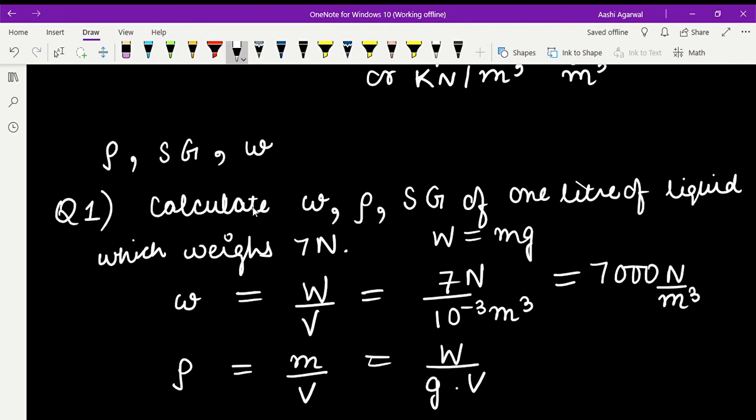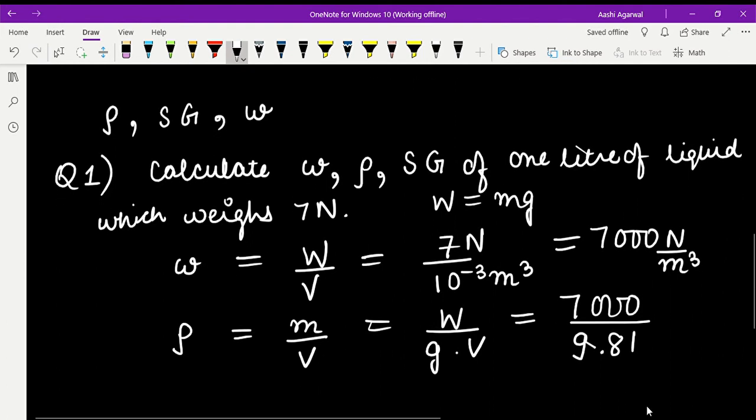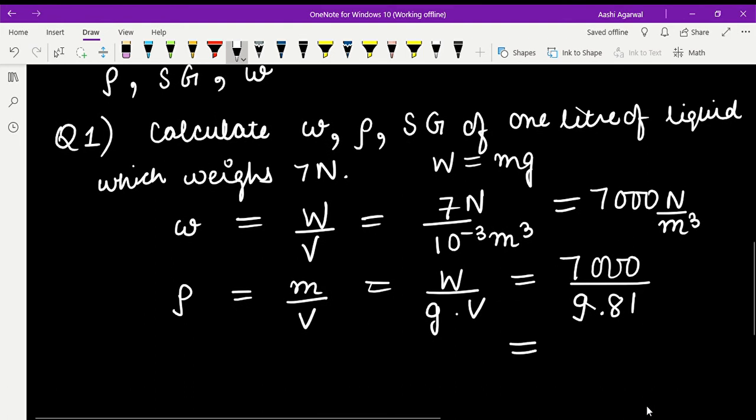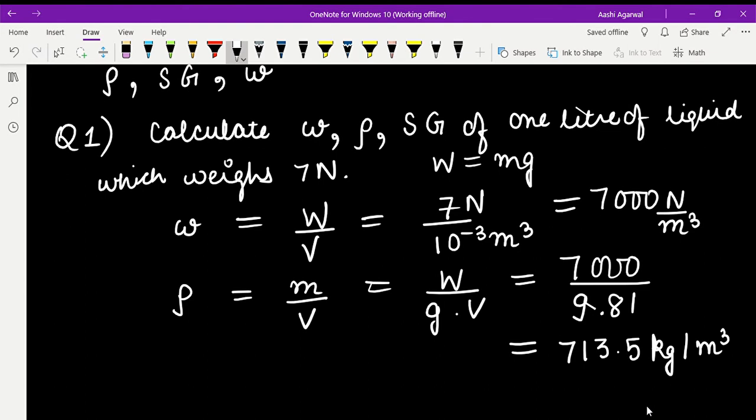So simply I can find it as 7,000 by 9.81, taking the value of g as 9.81 meter per second square. Here W by V you have already found as 7,000. So calculating this, the value comes out to be 713.5 kilogram per meter cube. Mass is in kilograms, so the units will be kilograms per meter cube.